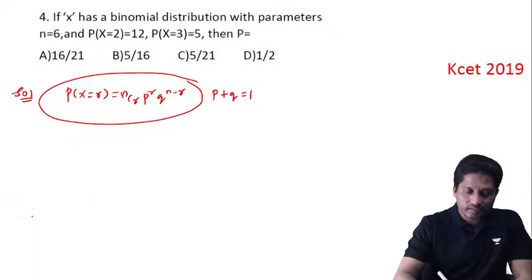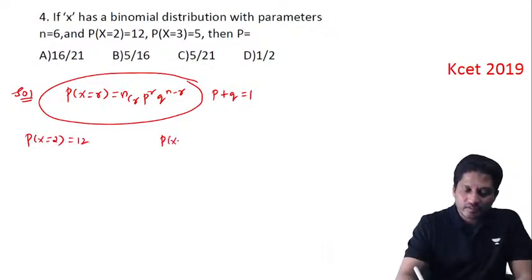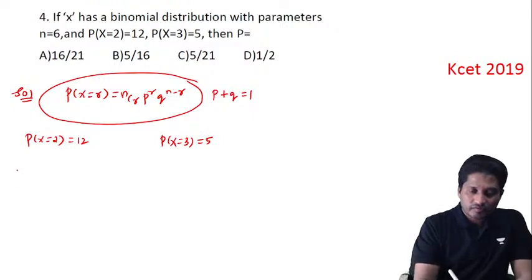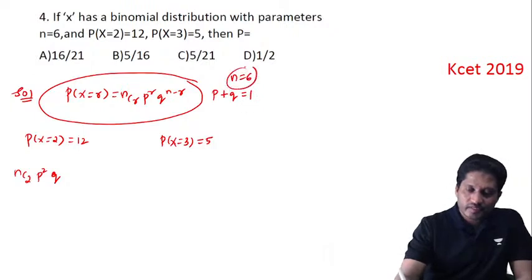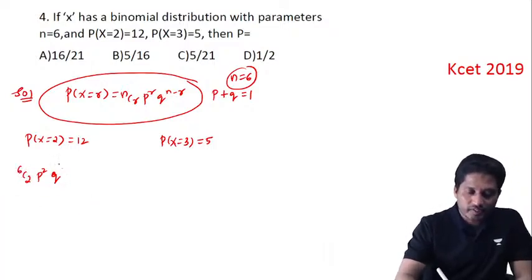Now according to the question, P of x is equal to 2 is equal to 12 and P of x is equal to 3 is equal to 5. Now P of x is equal to 2 is equal to nC2 p power r q to the power of n minus r. n is equal to 6, so this is 6C2 p to the power r q to the power of 6 minus r is equal to 12.